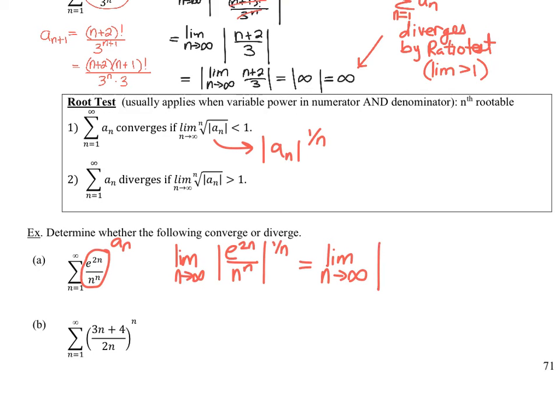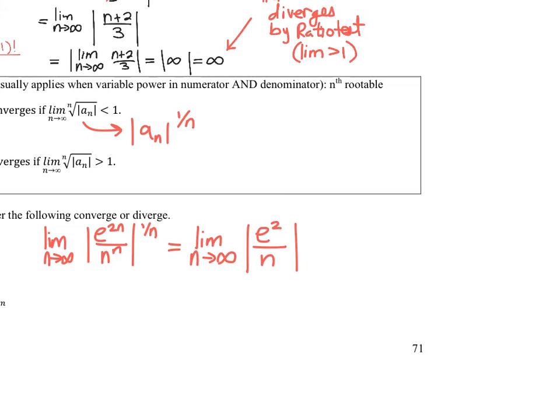All right, so this ends up being e to the 2n over n. 2n times 1 over n is going to go to 2, and n times 1 over n is going to go to 1. This is the same as saying the absolute value of the limit as n approaches infinity of e squared over n, which is the absolute value of what?